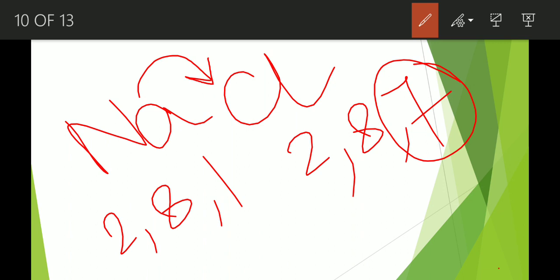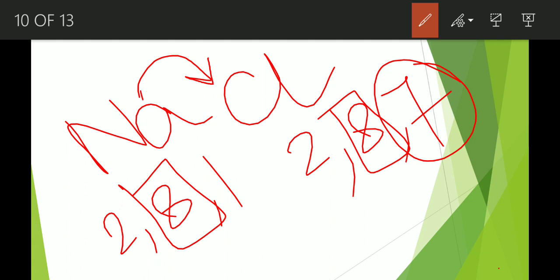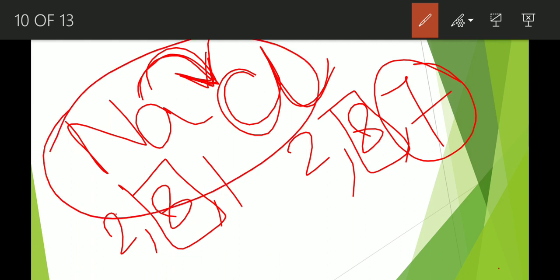So here, to achieve octet, both of them, what are they doing? Sodium is giving one electron, that means it is donating an electron, and chlorine is accepting that electron from sodium. Clear? So it is basically the give and take policy. Sodium is giving and chlorine is taking. Clear? So this is the electrovalent compound.